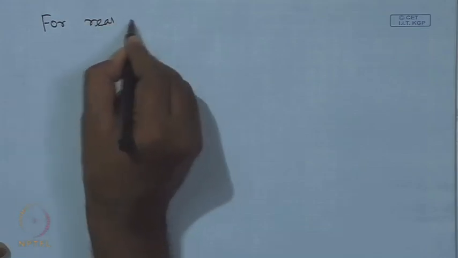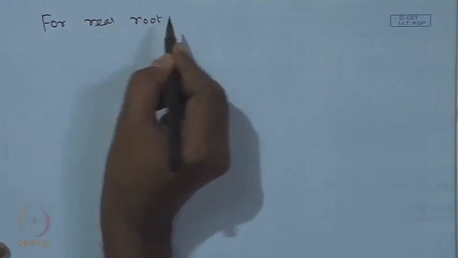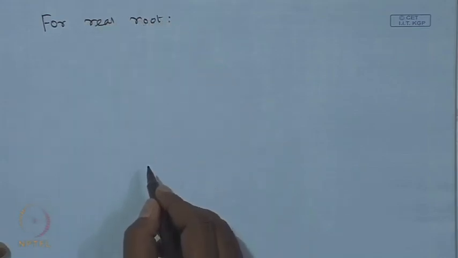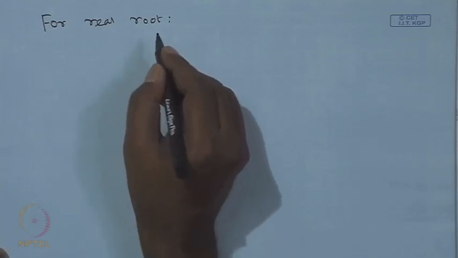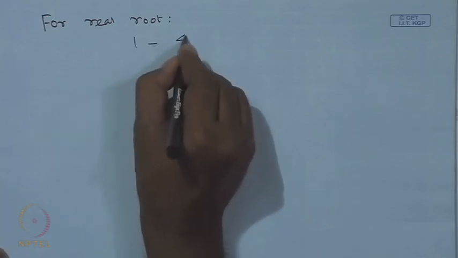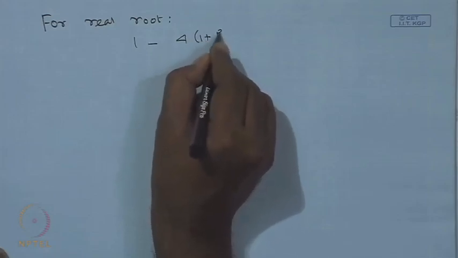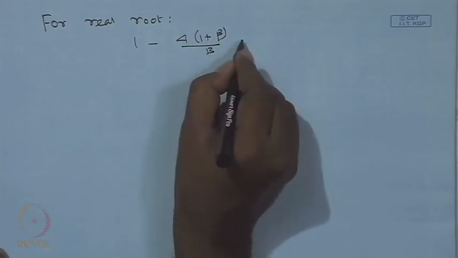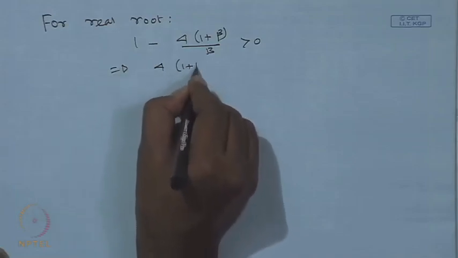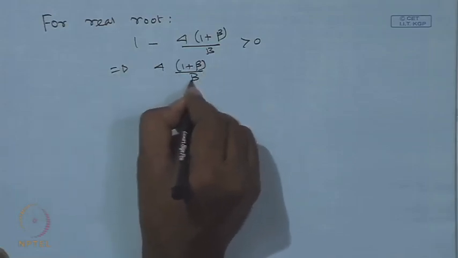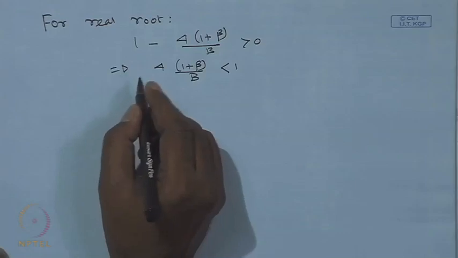For a real root, the quantity within the under root sign must be greater than 0. Therefore, 1 minus 4 into 1 plus beta divided by b should be greater than 0. So, 4 into 1 plus beta divided by b should be less than 1.